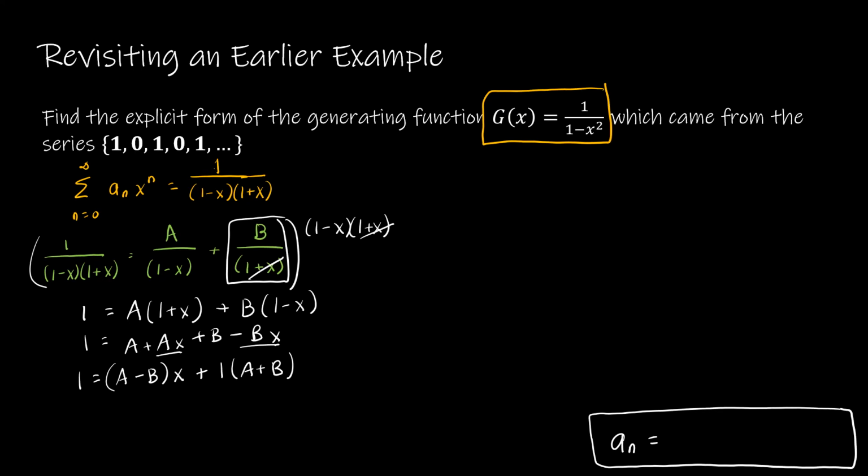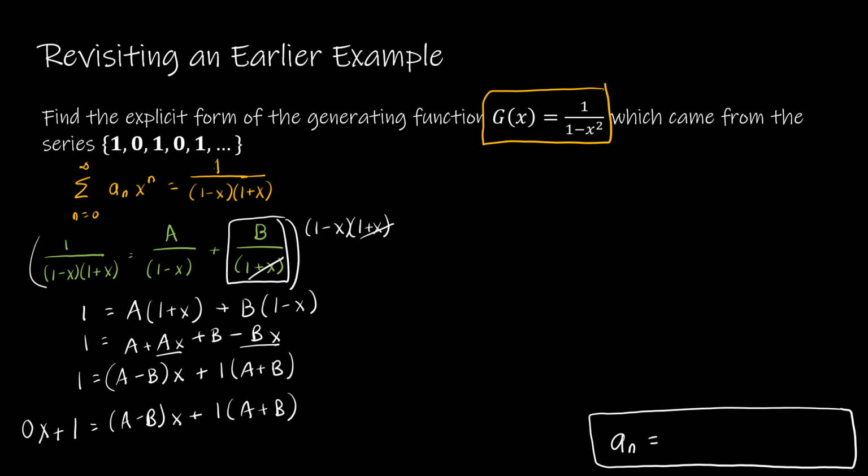Do I need to take the 1 out? No, of course not, but what might help this make sense to you is that on the left-hand side of the equation I have 1, which can be written as 0x plus 1, which is equal to (a minus b)x plus 1 times (a plus b).